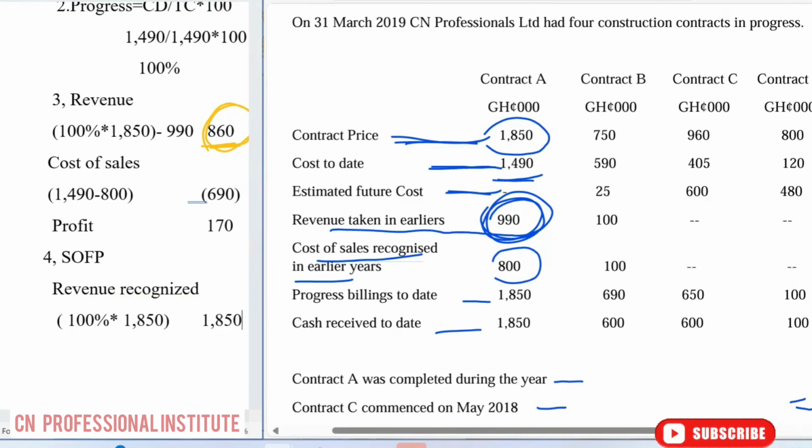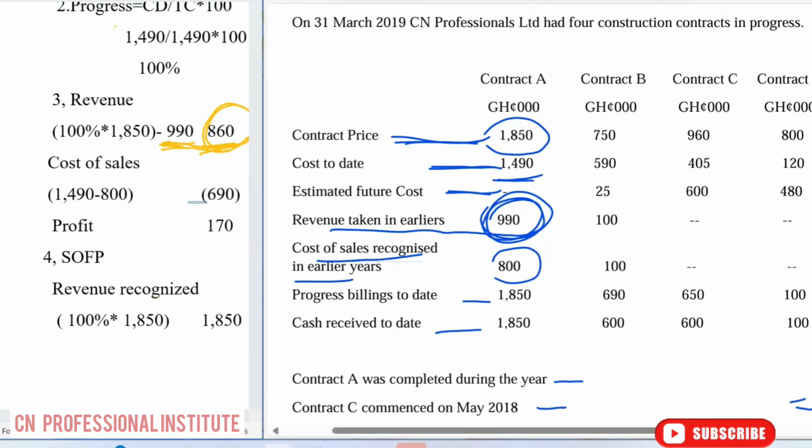So that's the revenue we've recorded to date. So this 1,850 is the same as the 860 plus the 990. That's revenue recognized in the previous years plus the new revenue recognized.